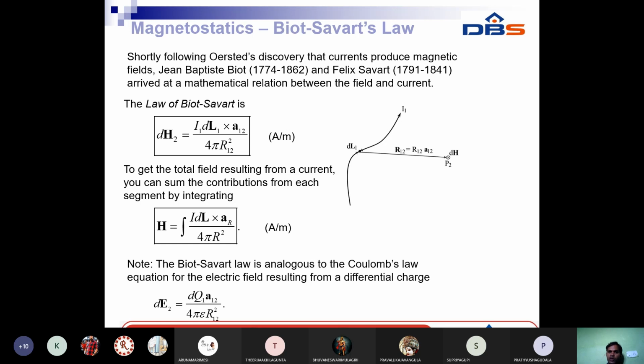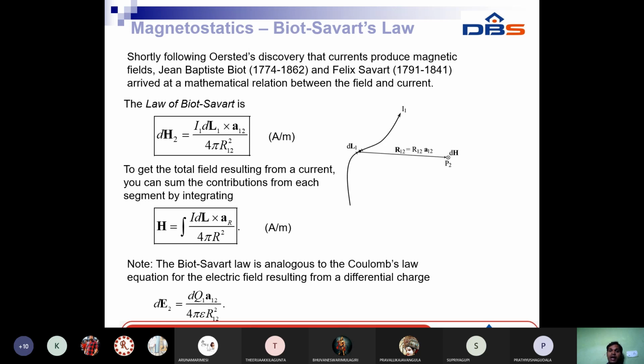Due to this differential element, what is the magnetic field intensity at a point P2 that we have to find? That point P2 is at a distance R12 from dL, and along with the unit vector it is A12.